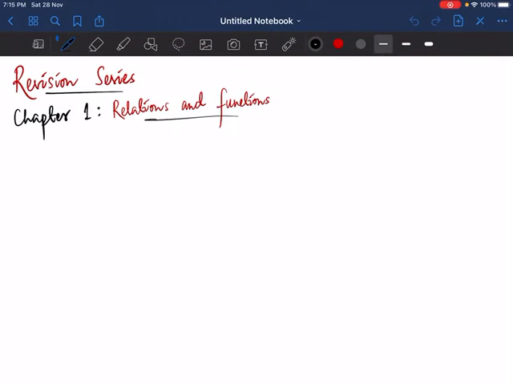So the next exercise we have is composition of functions. So what is basically composition of functions? Suppose we have one function f from A to B, and we have another function g from B to C. Now the composition of these two functions f and g is given by g of f.